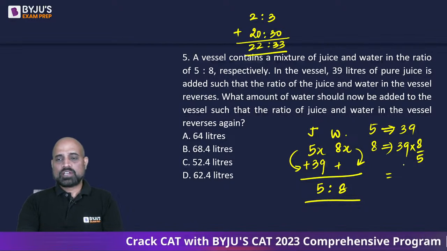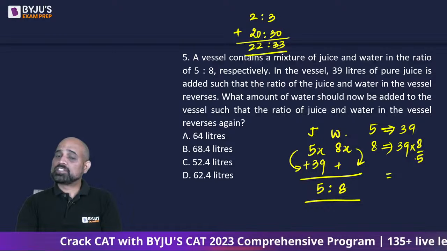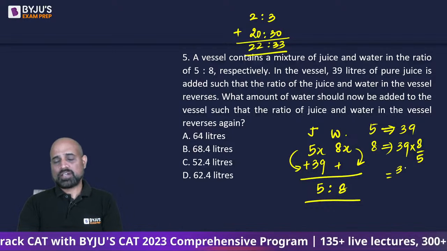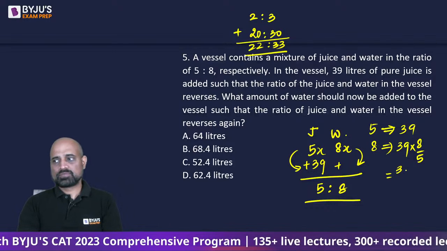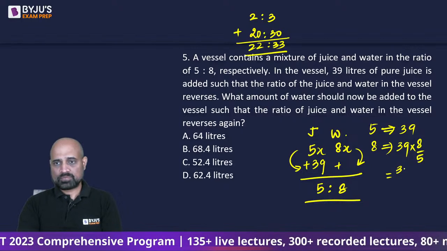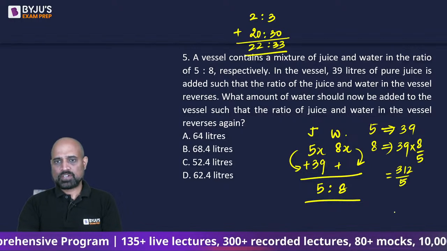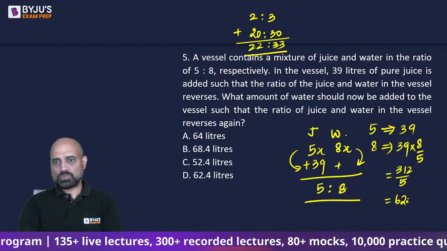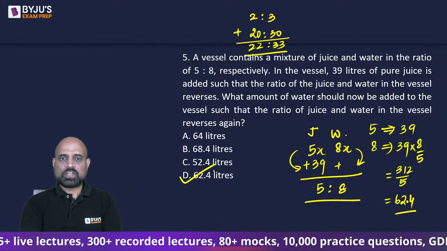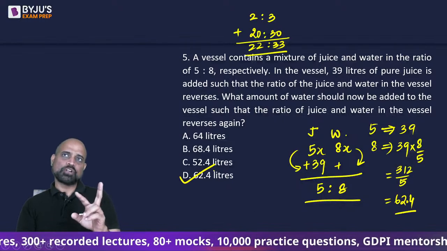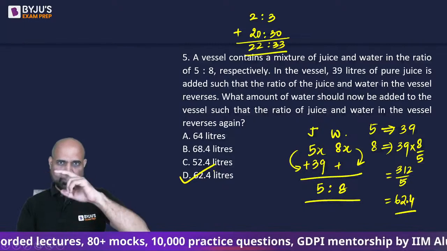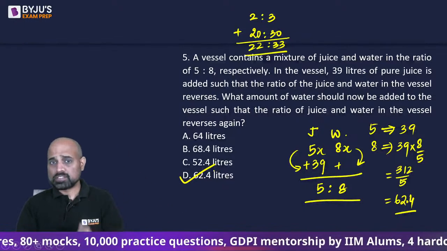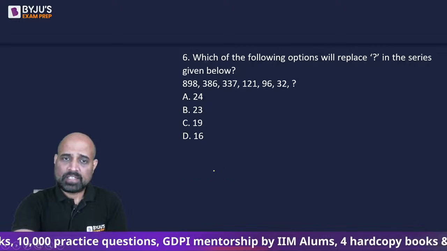So ये आपका 39 into 8 is going to be 312 upon 5, which is going to give us 62.4. So we do not have to worry about the middle में जो reverse हो गया. That's not our concern. ठीक है.